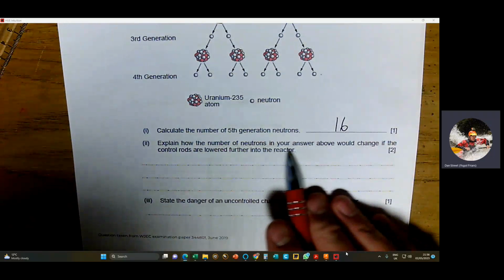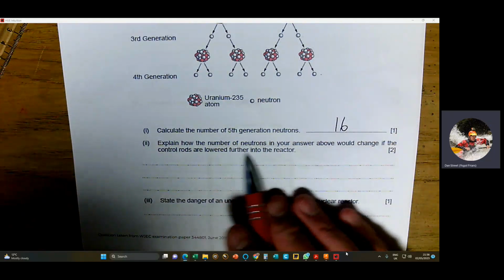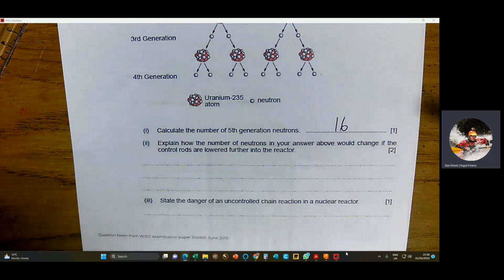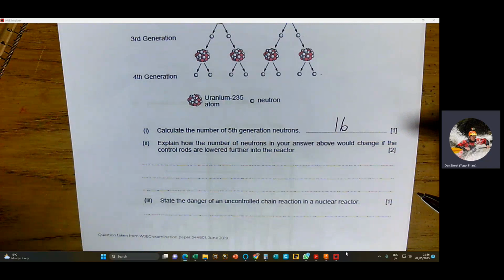Explain how the number of neutrons in your answer above would change if the control rods are lowered further into the reactor. Okay, so the control rods, they absorb neutrons and prevent them from colliding with nuclei, and therefore the number of neutrons would decrease.